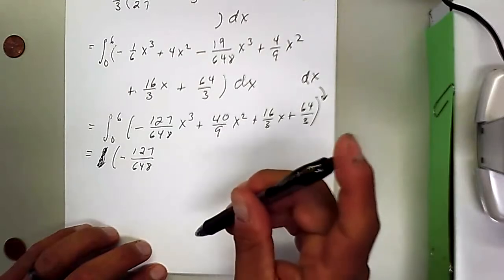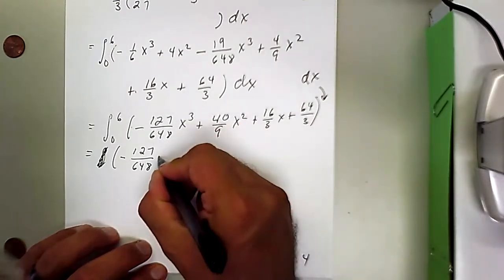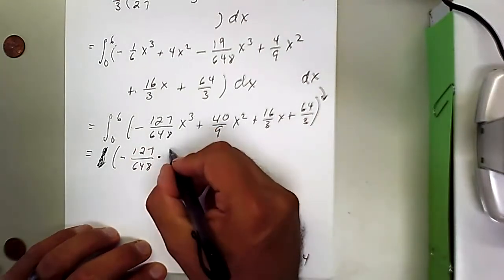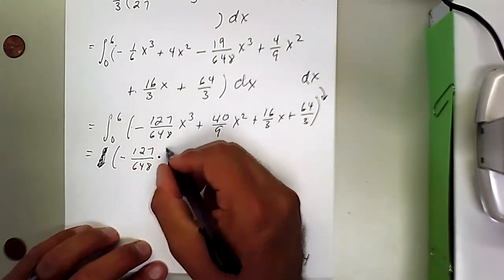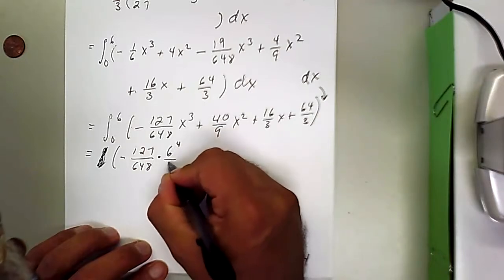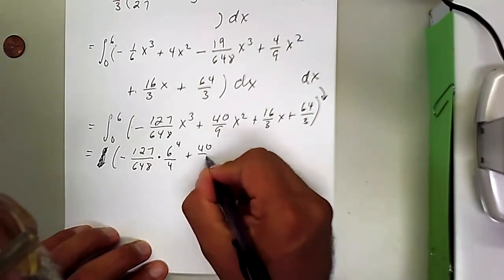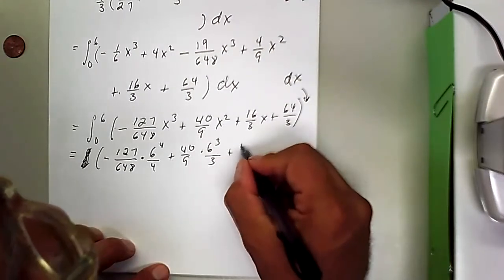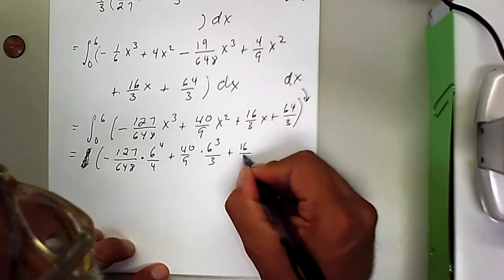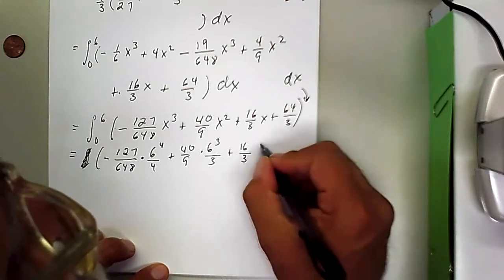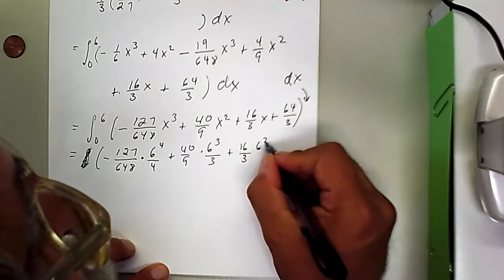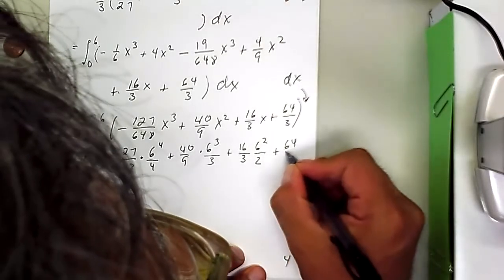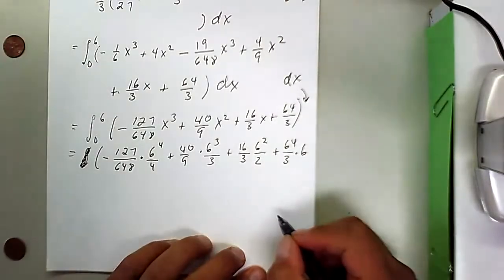Once we know that, since this is a relatively simple thing to integrate, we can simply start integrating and plug in the 6. So this is going to be 6 to the 4 over 4 plus 40 over 9 times 6 cubed over 3 plus 16 over 3 times 6 squared over 2 plus 64 over 3 times 6.